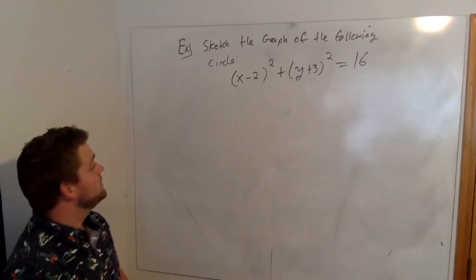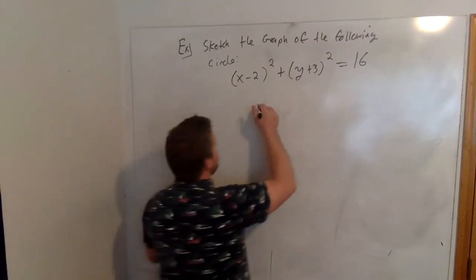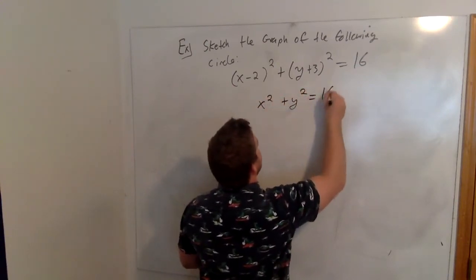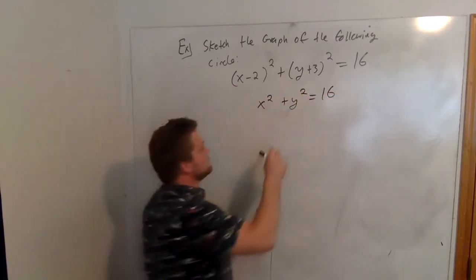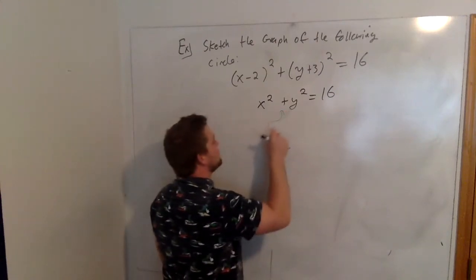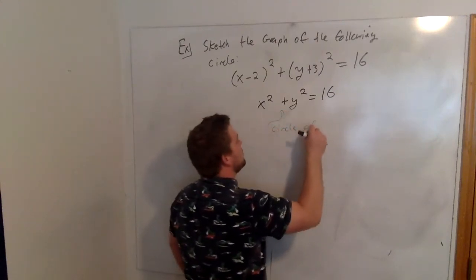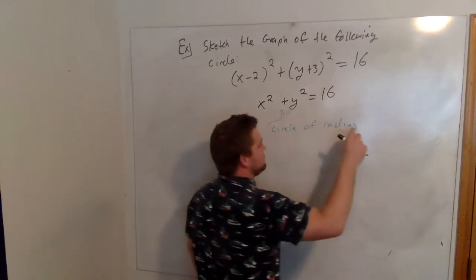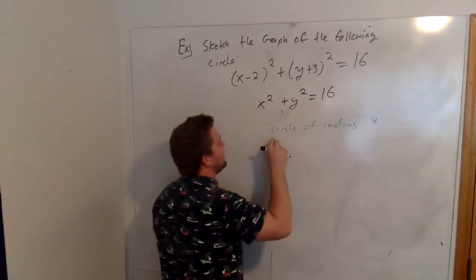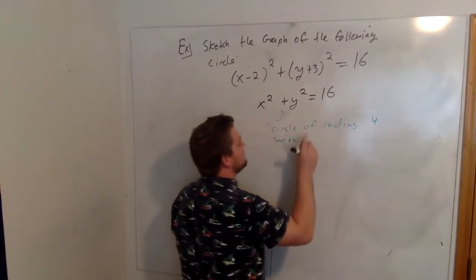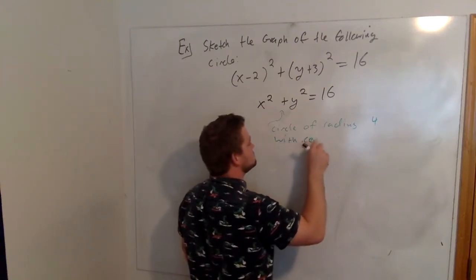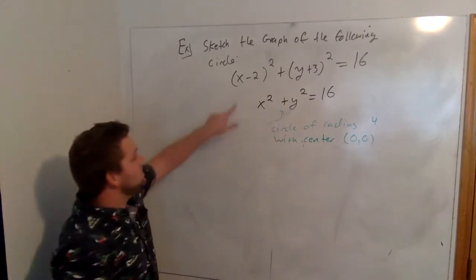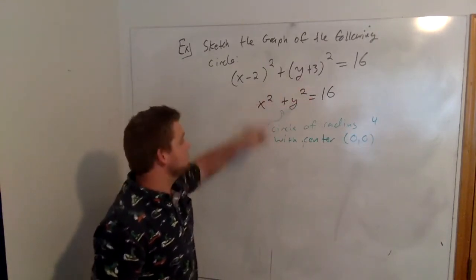If we're thinking about the graph, let's say x squared plus y squared is equal to 16. This would be a circle of radius, I hope, square root of 16, radius 4. And right now, it's with center (0, 0).